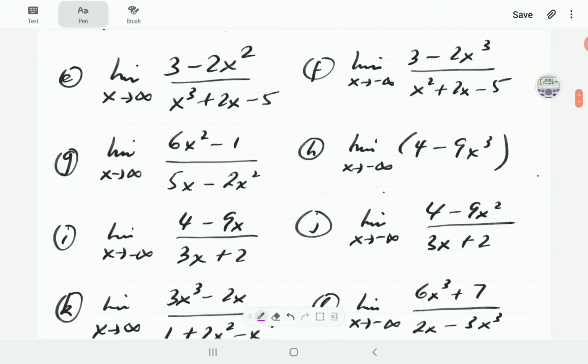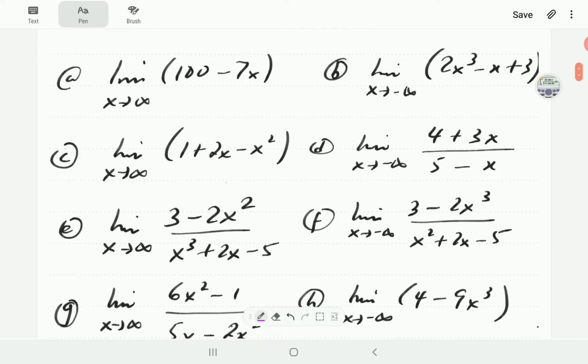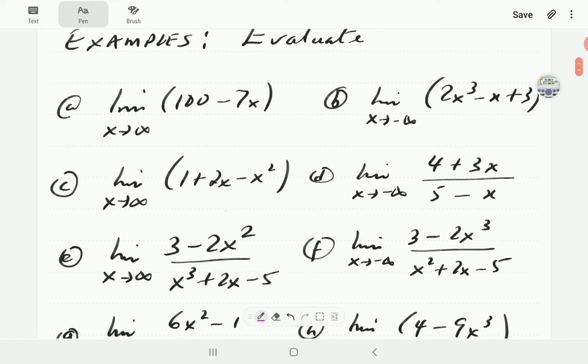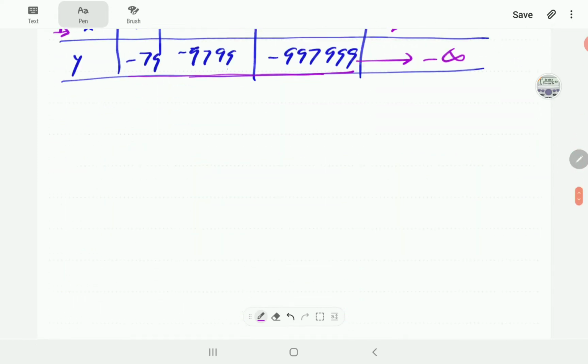All right, so now let's go to B and then we'll go to A. In B we've got the limit as x goes to negative infinity of 2x cubed minus x plus 3.